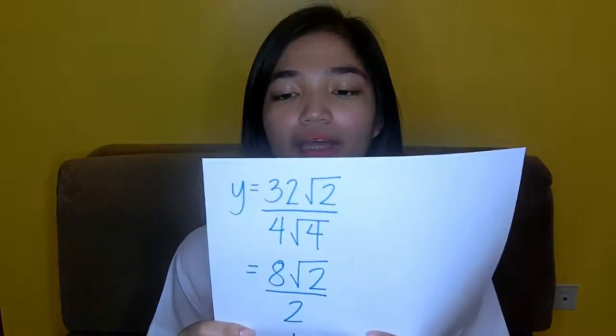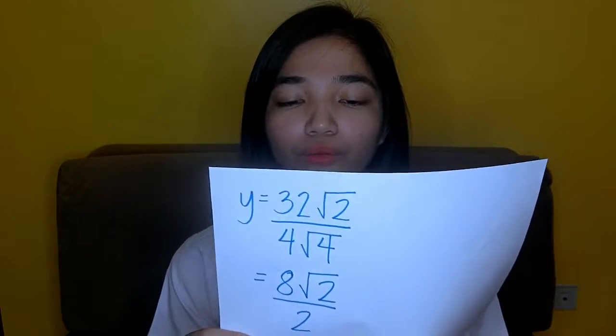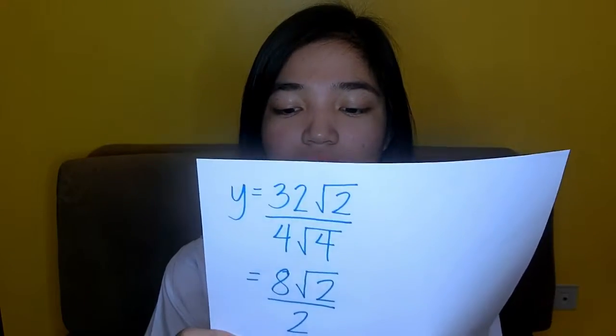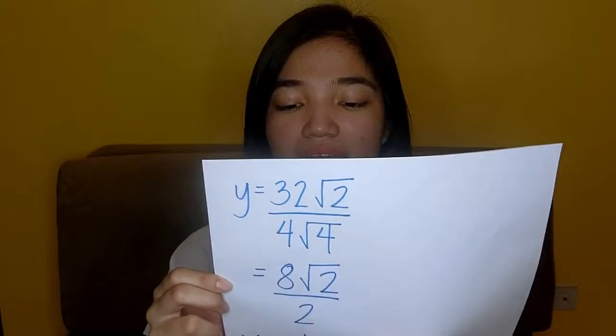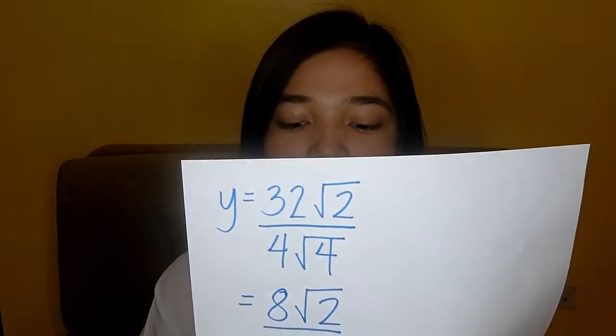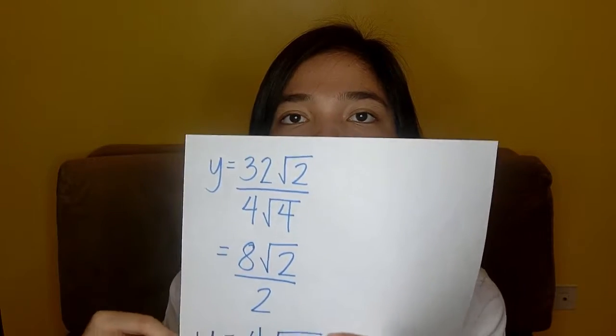To simplify, y equals 32 times square root of 2 over 4 times 2. Simplifying, 8 times square root of 2 over 2, which is y equals 4 square root of 2.